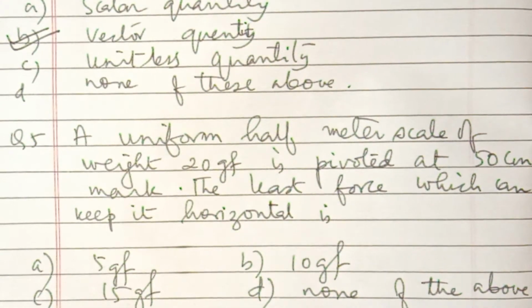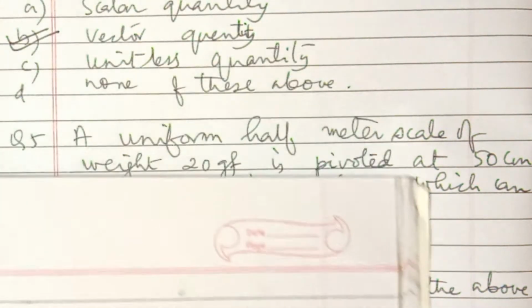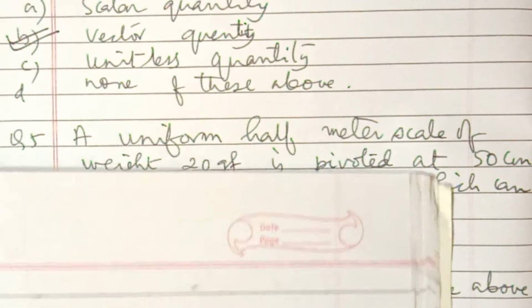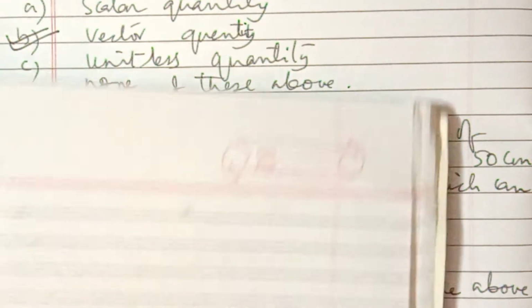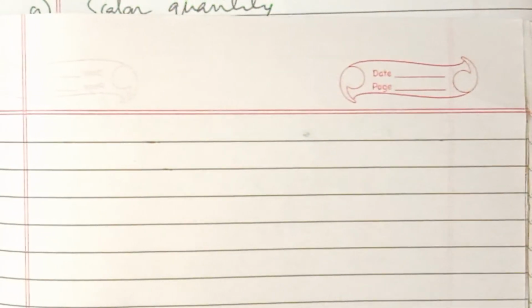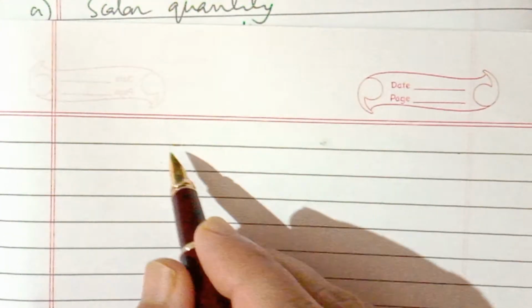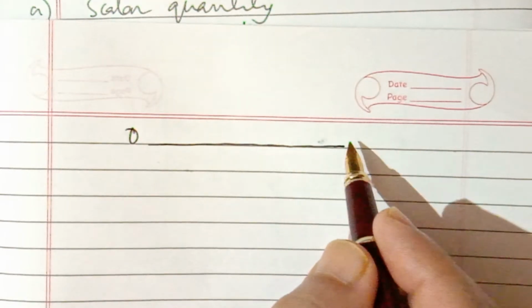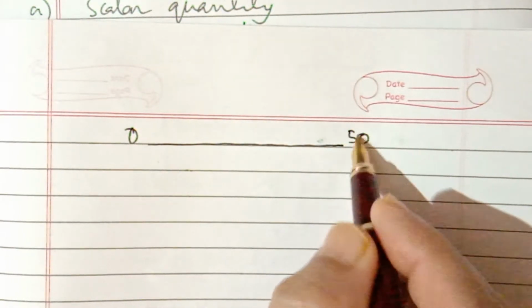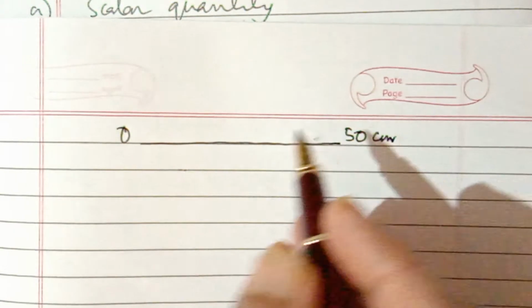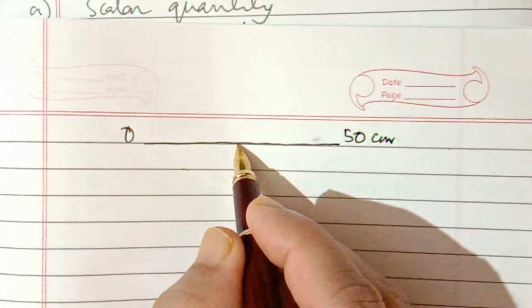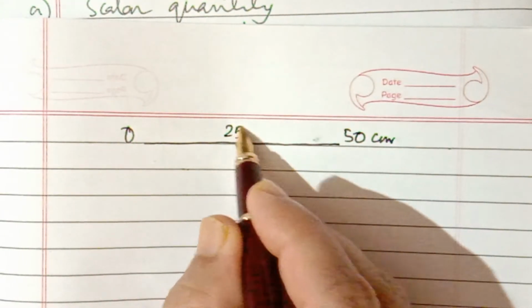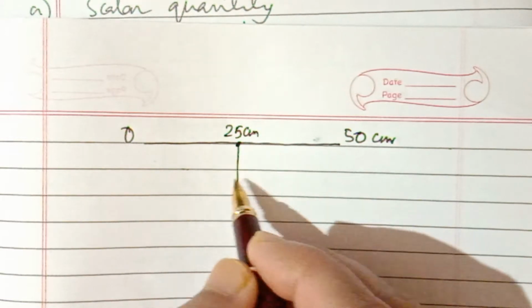Okay, so you can solve like this. So this half meter scale, so 0 and 50 centimeter. Okay, it is a half meter scale. So instantly you will take weight acts at 25 centimeter mark.